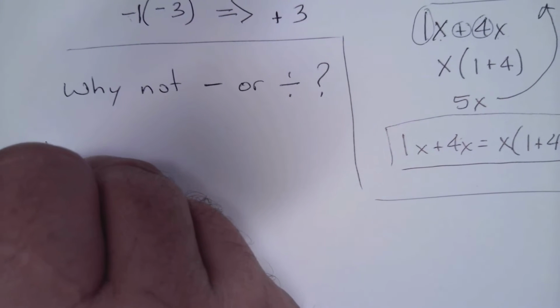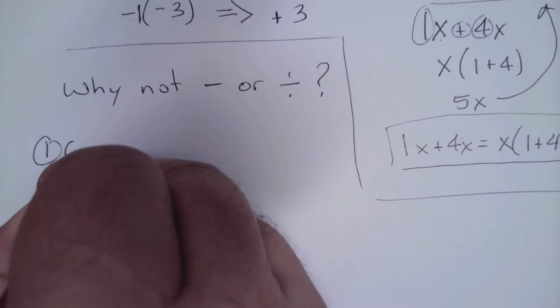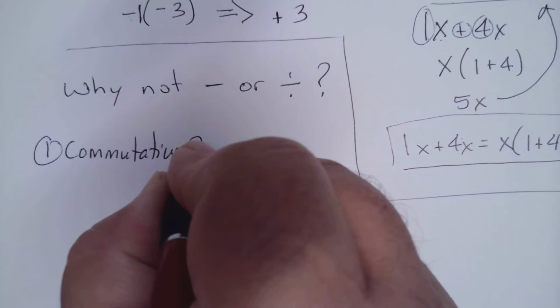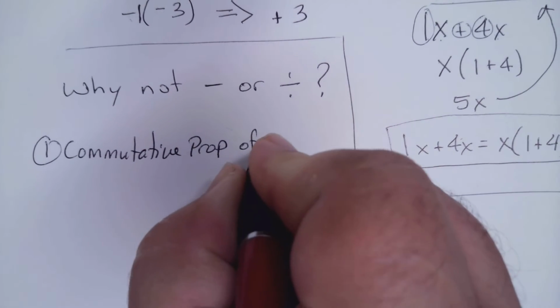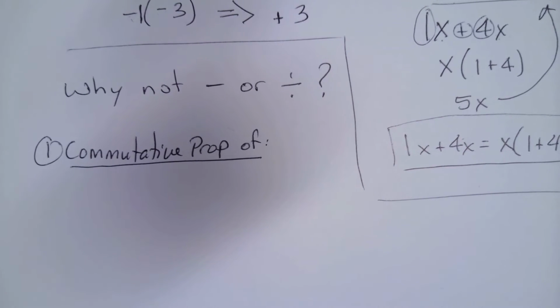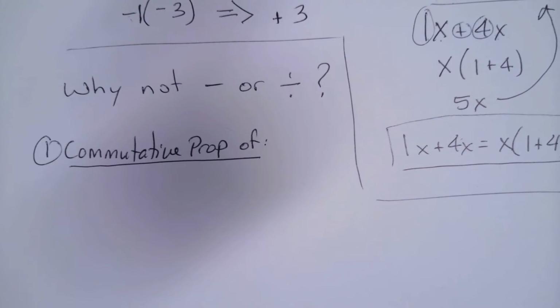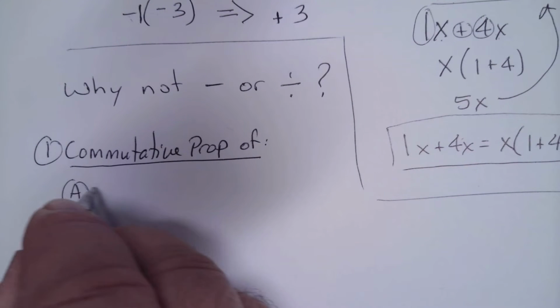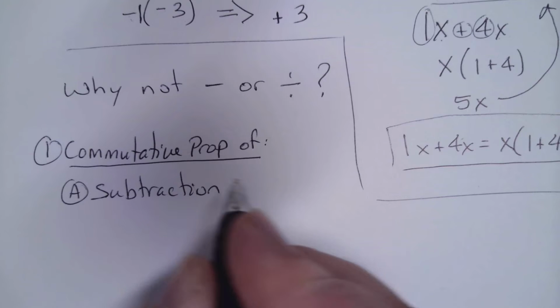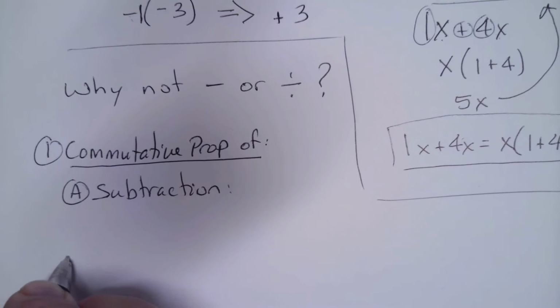The first property was the commutative. But this time, we're going to use subtraction and division.